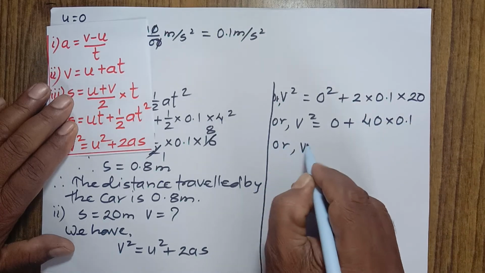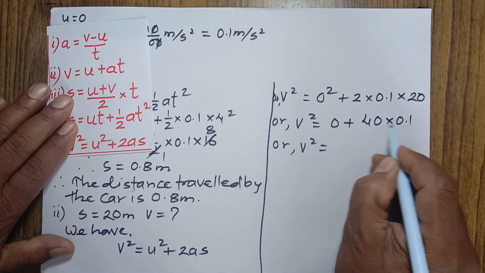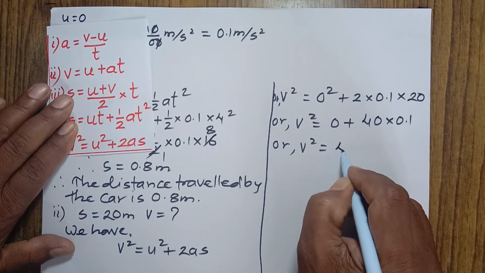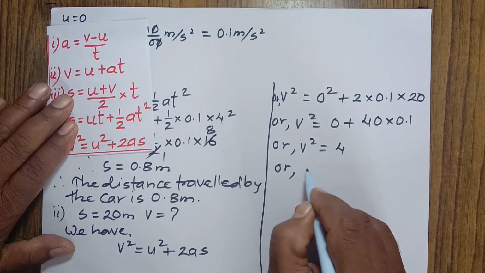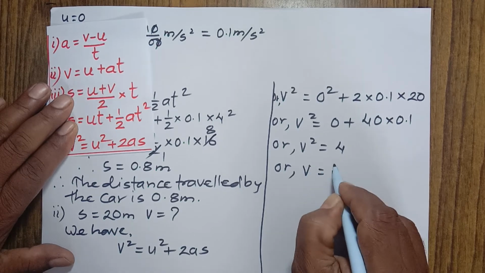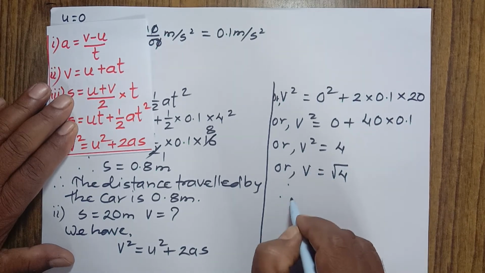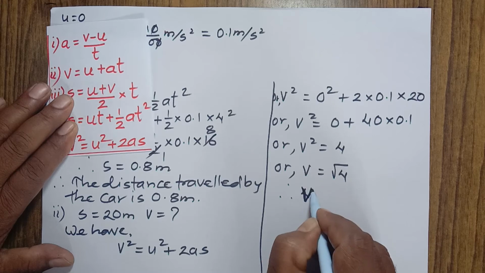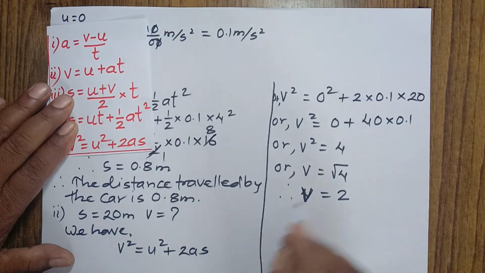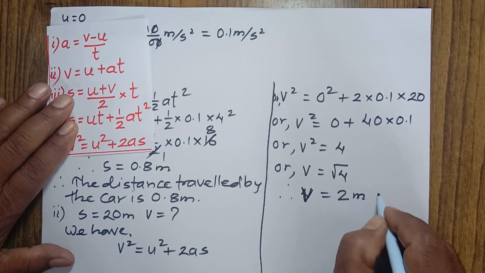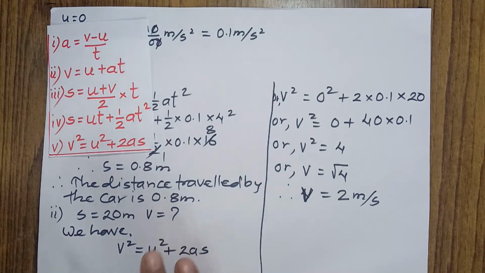This is equal to 40 multiplied by 0.1 becomes 4, or v is equal to root over 4. Therefore v is equal to 2, and the unit of final velocity is meter per second. That's why I'm writing meter per second.